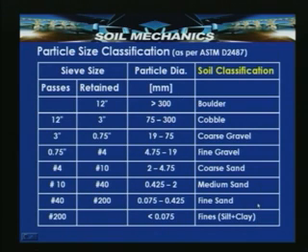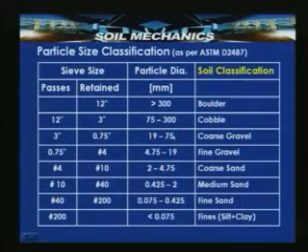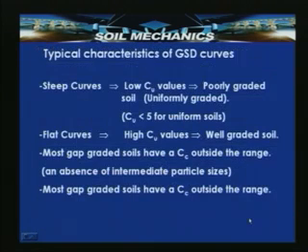That means soil particle sizes ranging from 0.075 mm up to 19 mm are treated as coarse grained soils, and fines which pass the 75 micron sieve or number 200 sieve represent fine grained soils, which consist of silt and clay fractions.